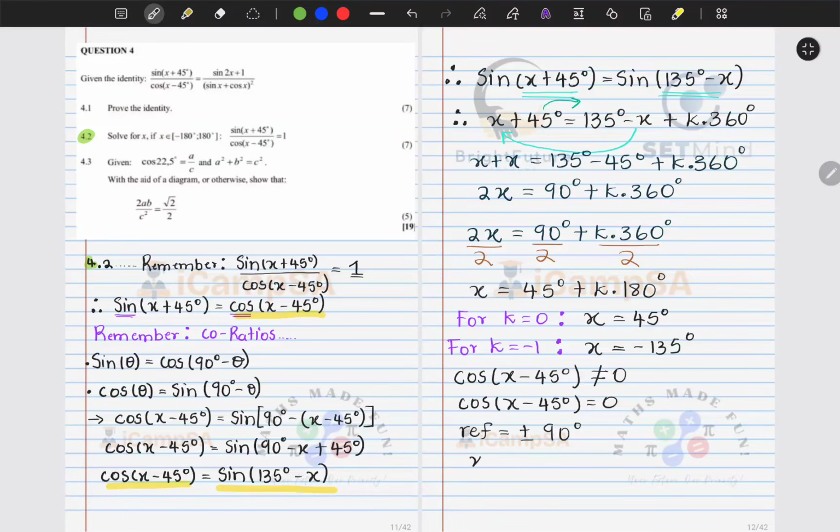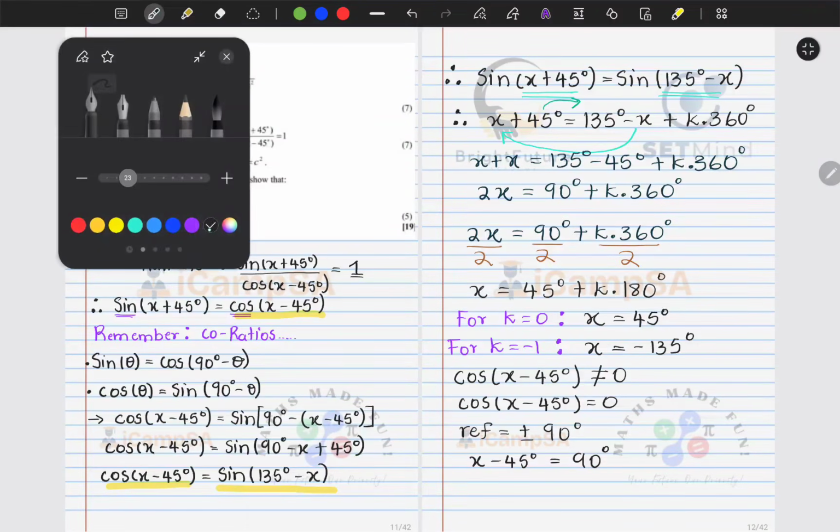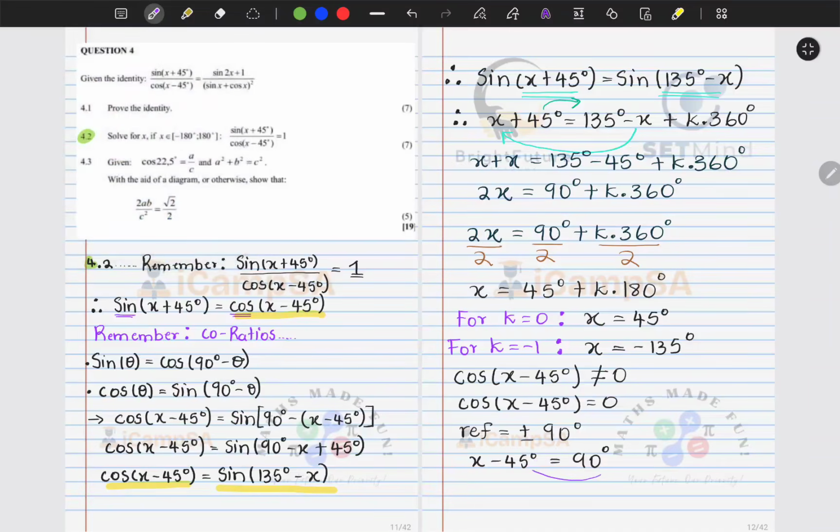And what we can then do, you'll have x minus 45 degrees equaling, for 1, 90 plus k, 360. Of which you really don't need the 360 here. So it can be that one. And then when you transpose, you will see that you'll end up having your x value being.